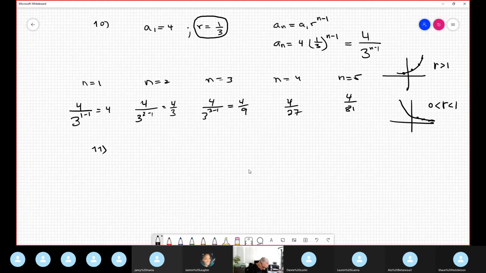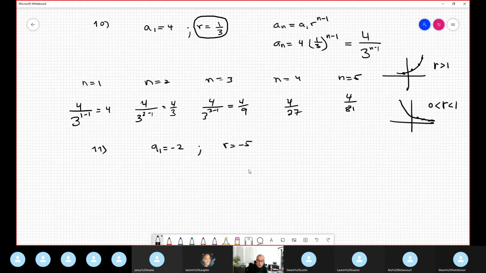Number 11 is similar. a1 is negative 2, and the common ratio is negative 5. When the common ratio is negative, the elements in the sequence alternate: positive, negative, positive, negative, positive, negative.